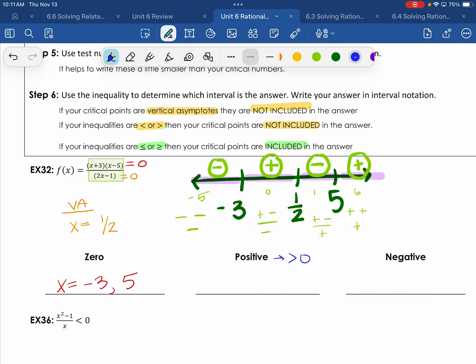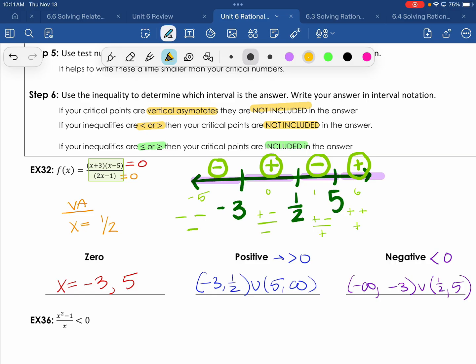So from -3 to 1/2, union 5 to infinity. And if I wanted the intervals where you are negative, negative infinity to -3, union 1/2 to 5.